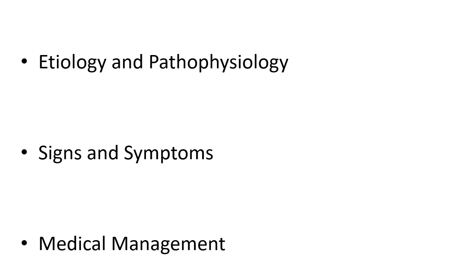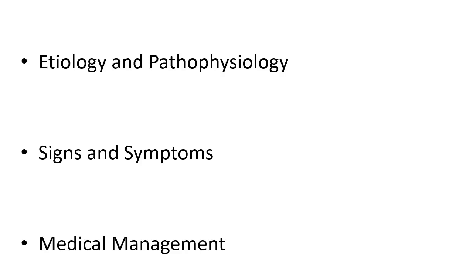So with our right-sided heart failure, some of the causes could be a myocardial infarction in the right ventricle. If you have left-sided heart failure, the right side of your heart will begin to fail as well. Things that raise the afterload in the pulmonary circulation, such as pulmonary embolus and pulmonary hypertension, can create stress on the right side of the heart.